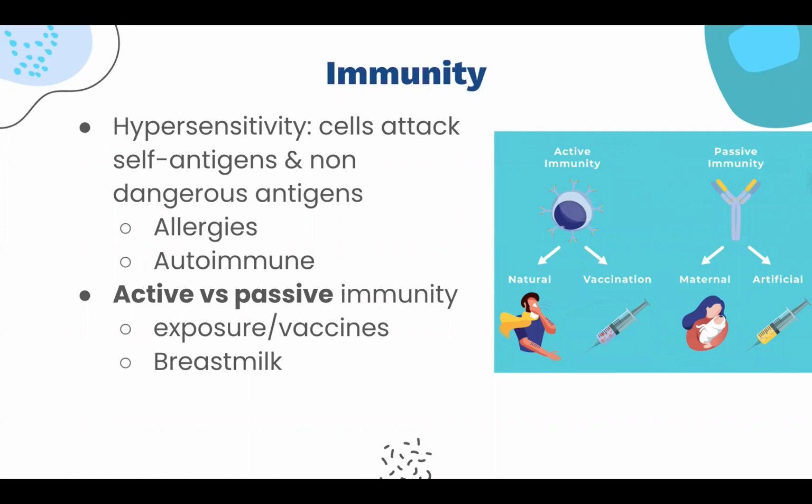So babies get antibodies from their mom's breast milk, and people can obtain passive immunity from artificial means, like monoclonal antibody treatment, which, if you're not familiar with, are artificial proteins that act as your immune system to fight off pathogens. So your body is not making these antibodies, your body's just introduced to them.